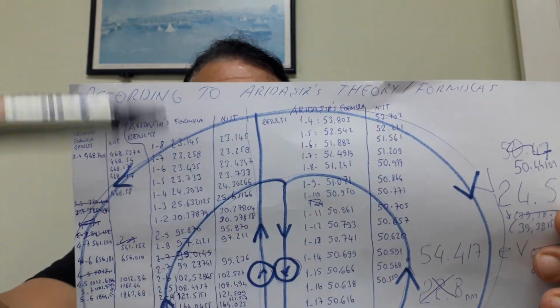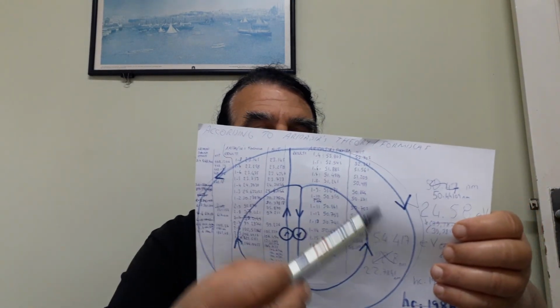Okay. For helium, different electrons. One electron wavelength is 22.7841. The other one is 50.44109. Smaller electron, greater electron.